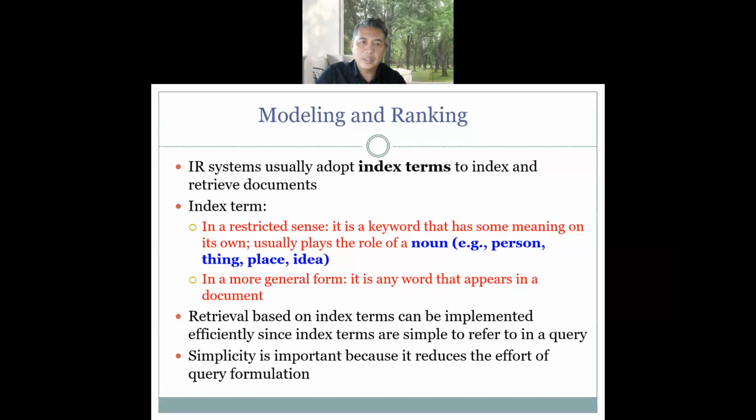Okay, so in a more general form, it is any word that appears in a document that carries meaning. We do not want words that carry no meaning to be one of the index terms. So we want as small as possible a set of index terms that can be used to represent the document.